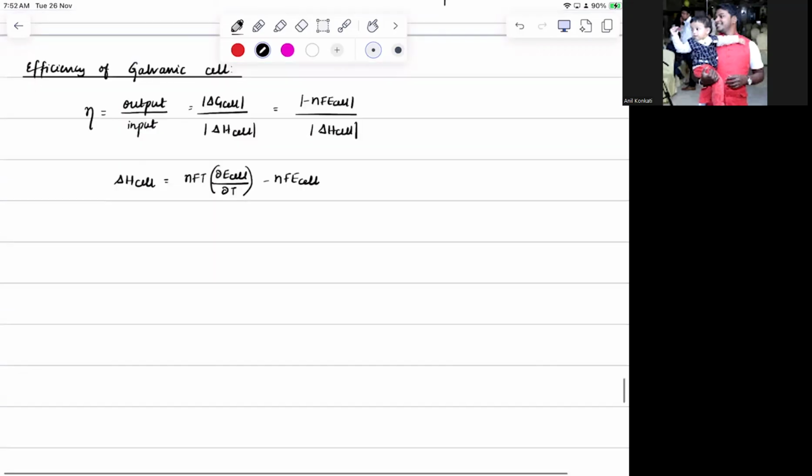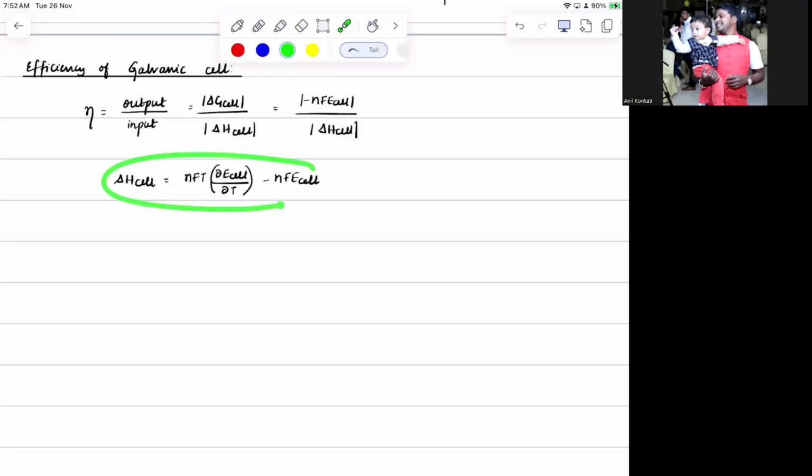This is what we learned. So we can use this formula to figure out delta H and then calculate eta. This is a very standard question again. You'll always get this question, okay? Remember, you'll be asked to calculate efficiency. For that, you'll be given the temperature coefficient and E cell value. Use that value and you'll be able to get this.